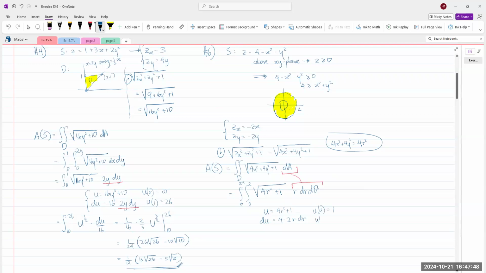At r equals 2, that will be what, 17? Now the integral becomes integral from 0 to 2 pi, integral from 1 to 17, u to the power of 1/2, and then du over 8, right?